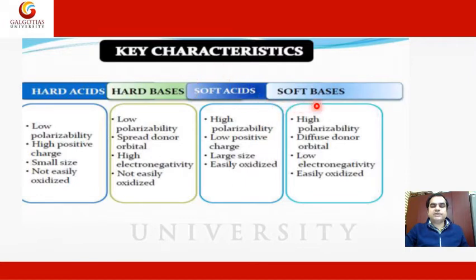Similarly, for a species to be considered a soft base, it should have high polarizability, diffuse donor orbitals, low electronegativity, and it should be easily oxidized. When any species satisfies these conditions, it should be categorized as a soft base.